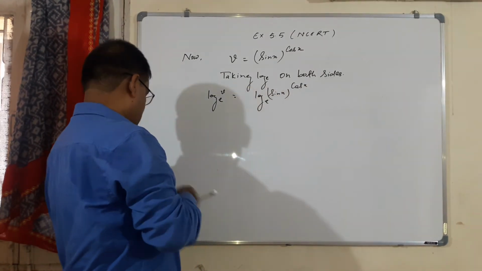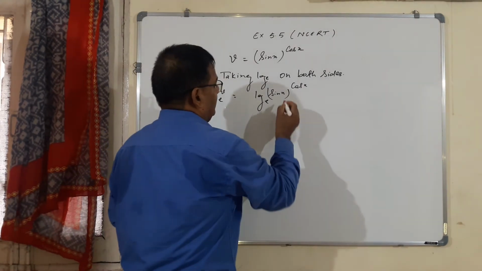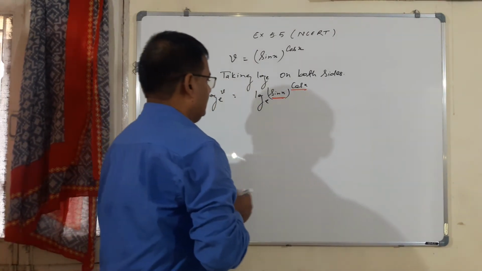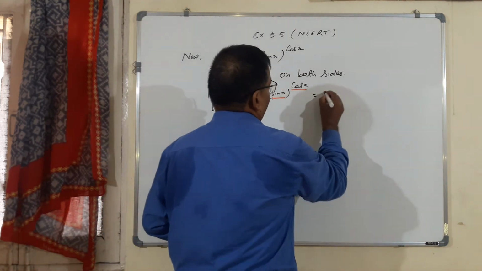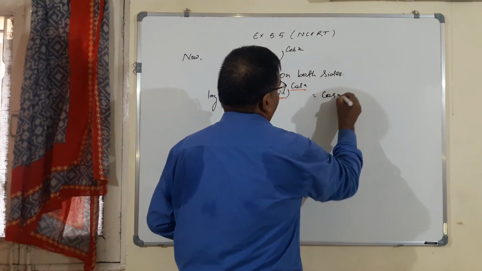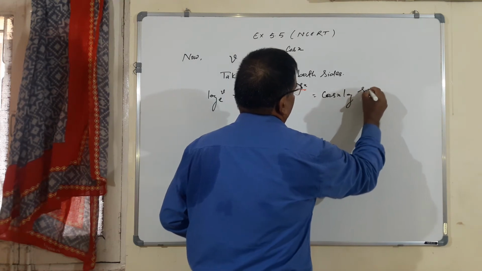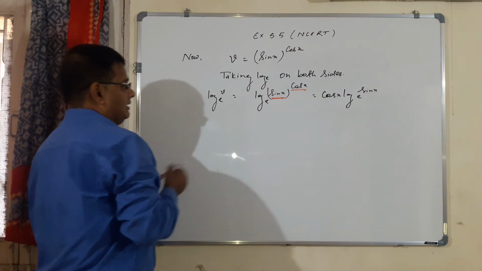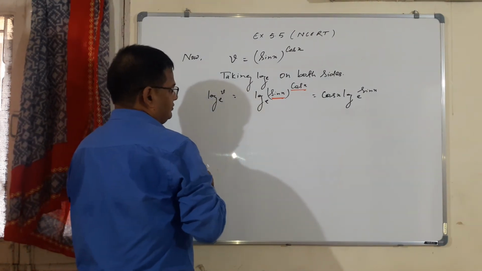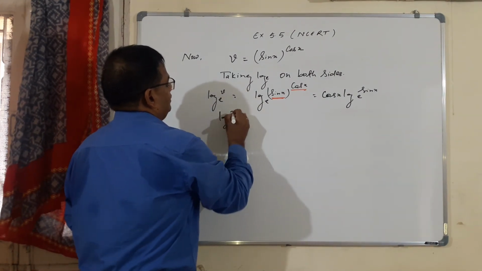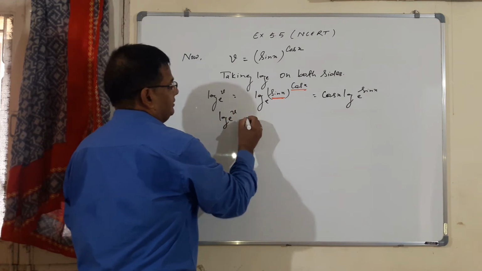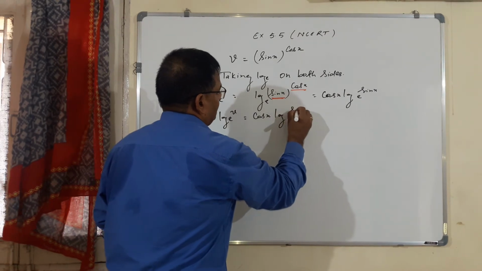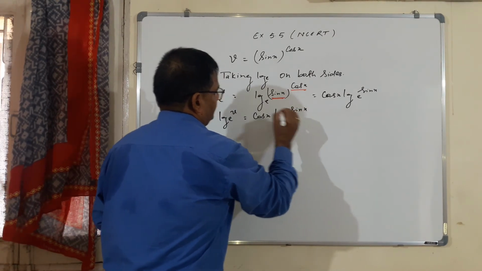See here, once again m raised to the power n: this is m, this is n. So it becomes cos x log sin x to the base e. So log v to the base e is equal to cos x log sin x to the base e.